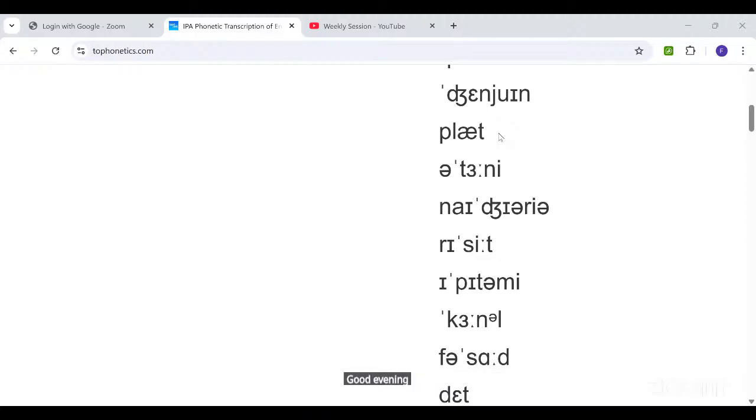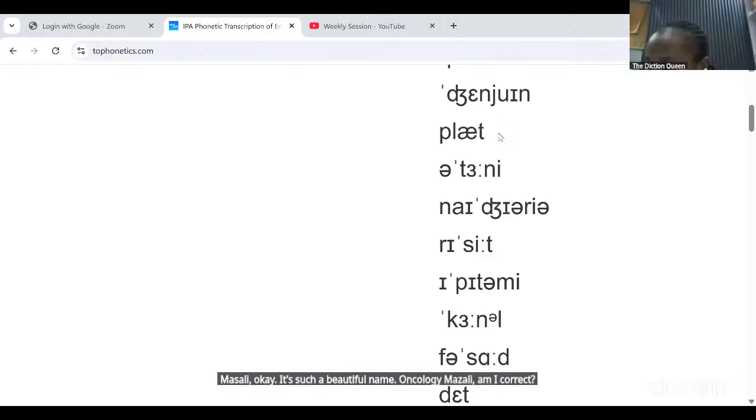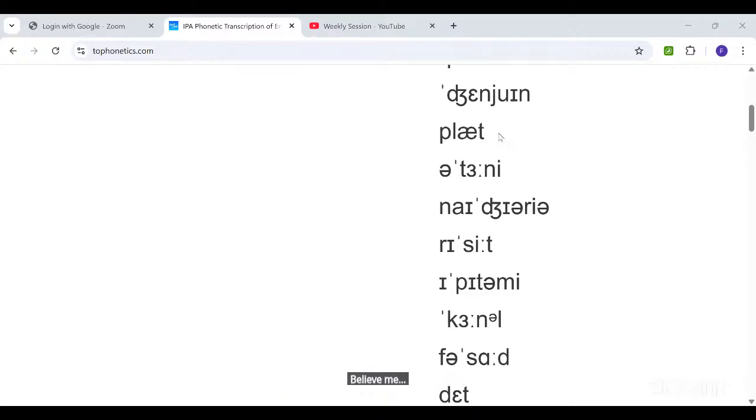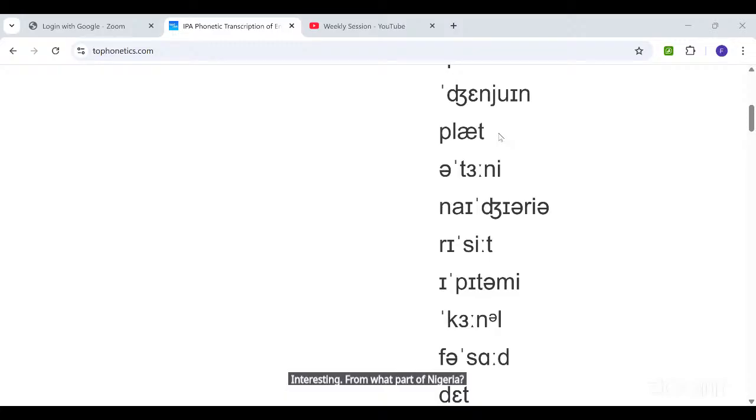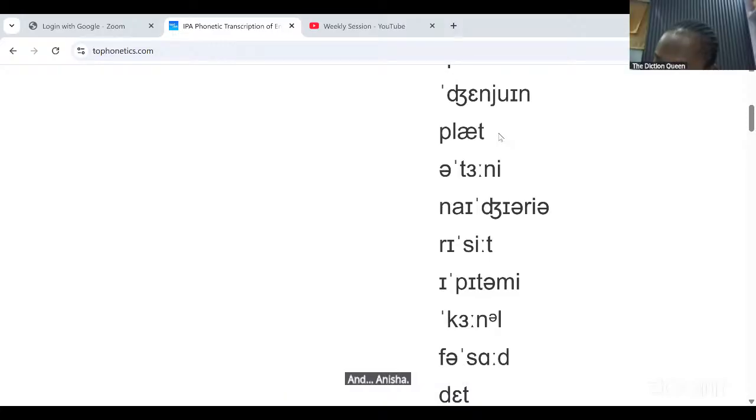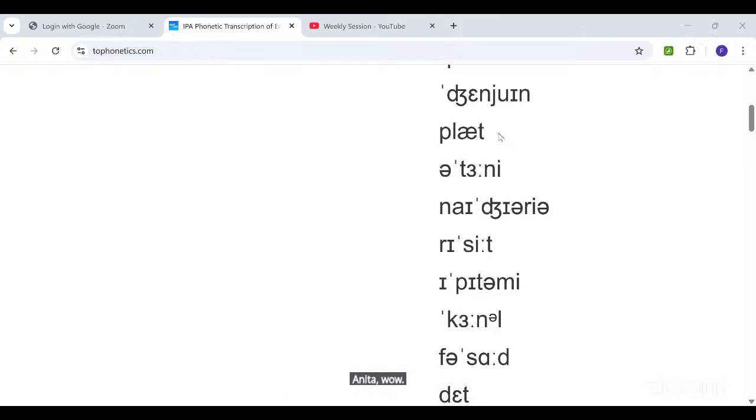Is it a Nigerian name? Yes. Interesting. From what part of Nigeria? Onitsha. Wow. It sounds like Zimbabwe, something like that. That's interesting, ma'am.